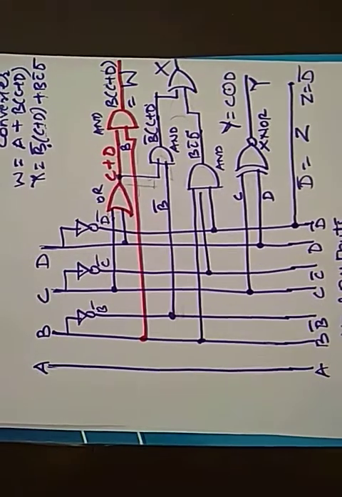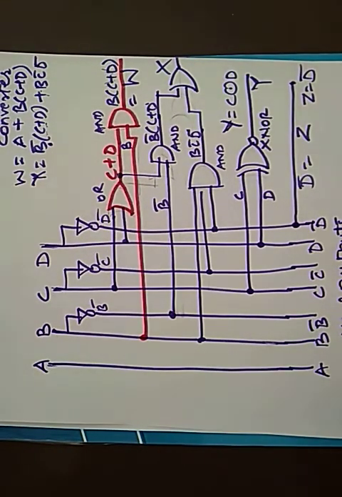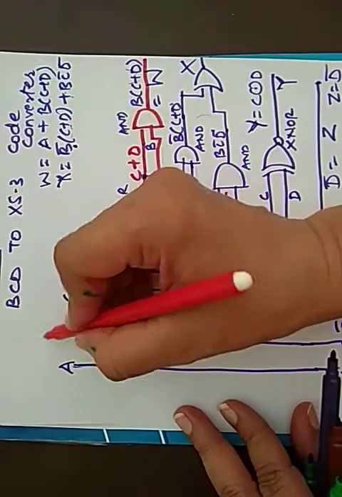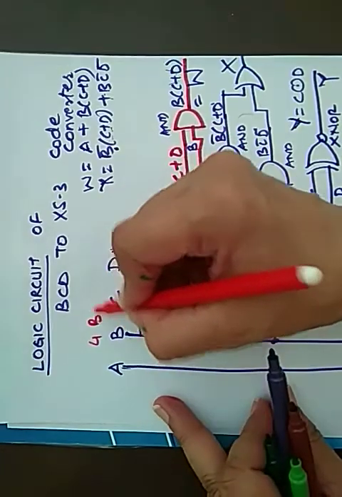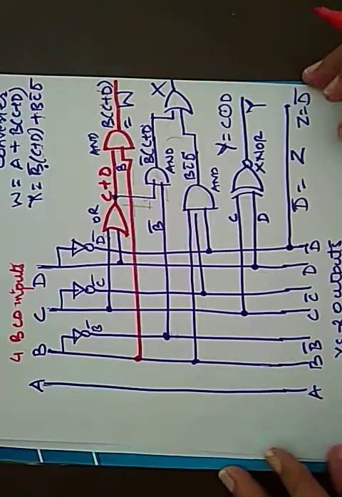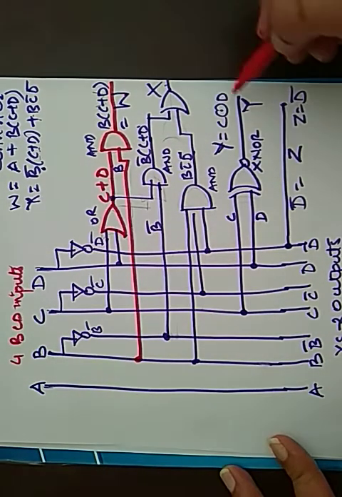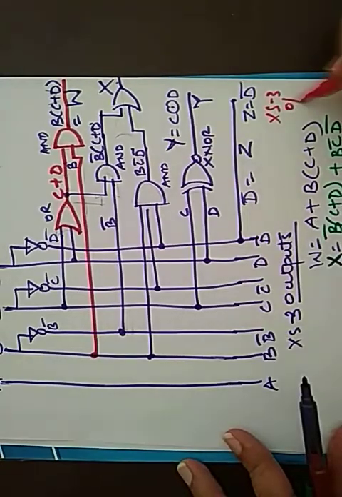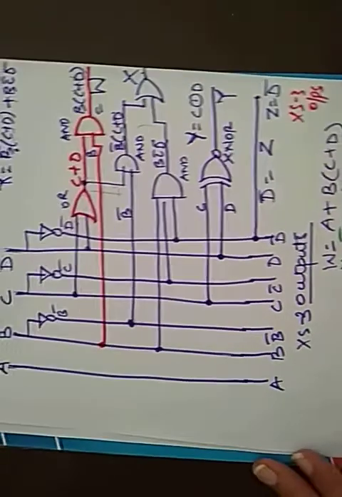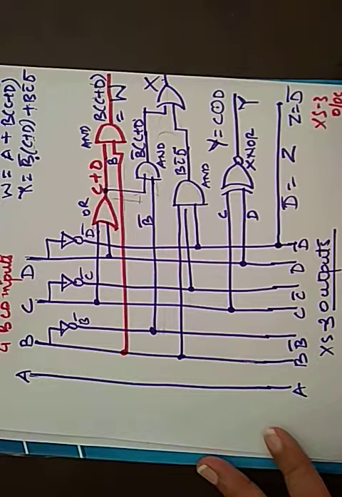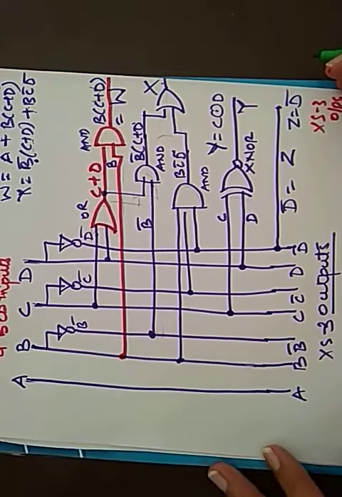Take a careful look at this circuit. This is the logic circuit of the BCD to XS3 code converter, where these four inputs are the four BCD inputs, and here W, X, Y, Z are the four XS3 outputs. If we are asked, what does this circuit consist of? What logic gates did we use to build this circuit?